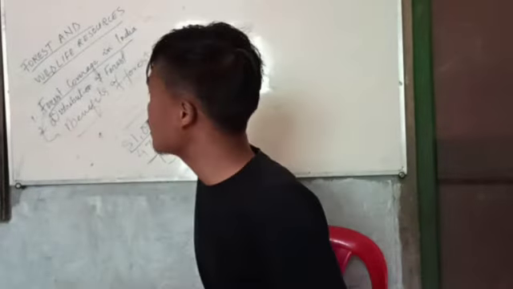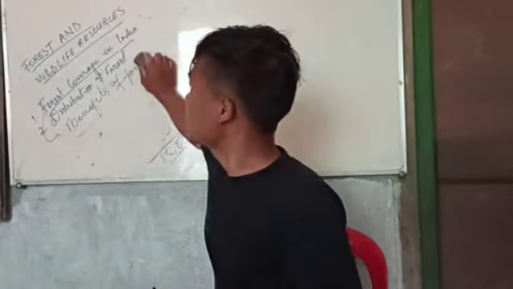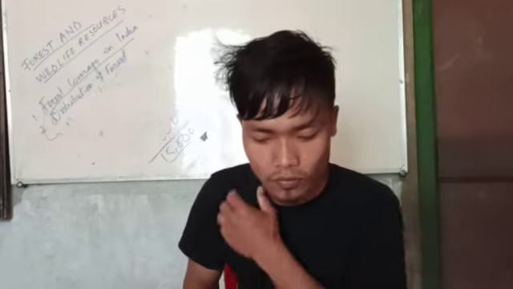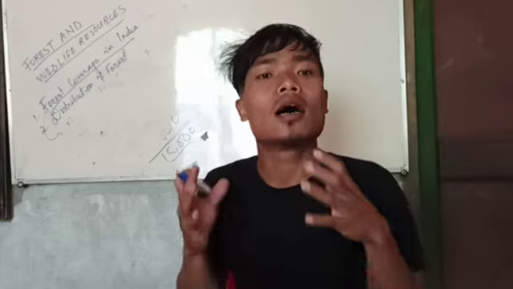Now let us go to the subheads. That is forest coverage in India. What percent of India is covered by forest? Out of the total area of India, how many square kilometers, or how many acres or hectares, does forest cover in India?